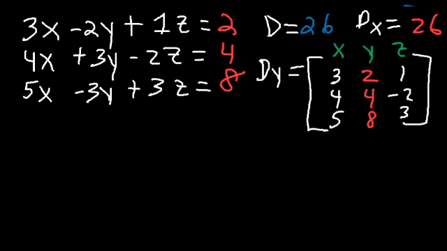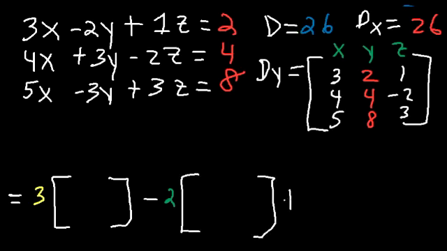So let's rewrite it. Starting with the first one, we have a 3, and then times the 2 by 2 matrix, and then minus the second one, which is a 2, times another 2 by 2 matrix, and then plus the last one, which is a 1, times something.